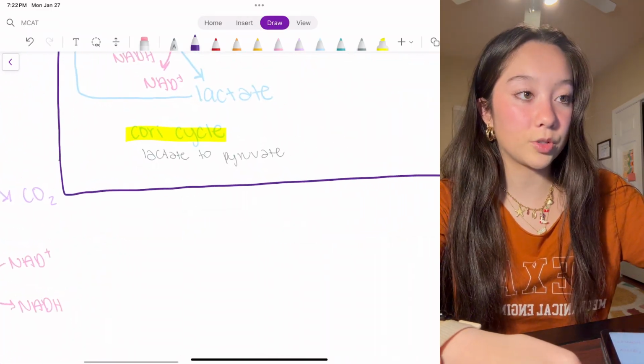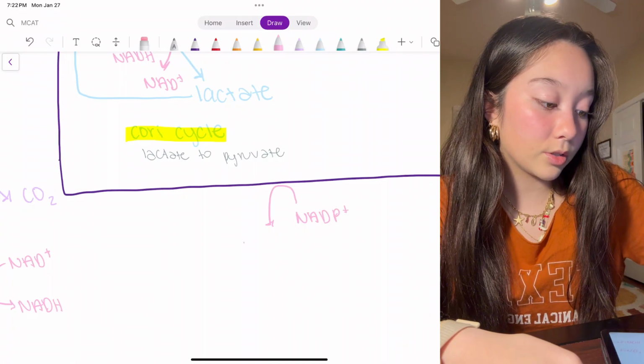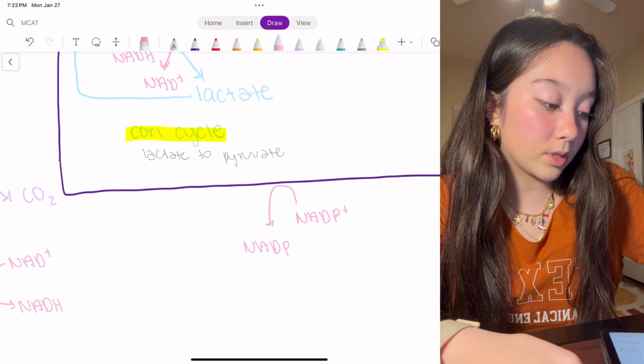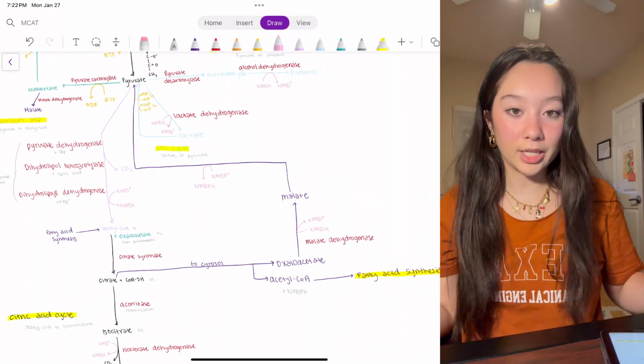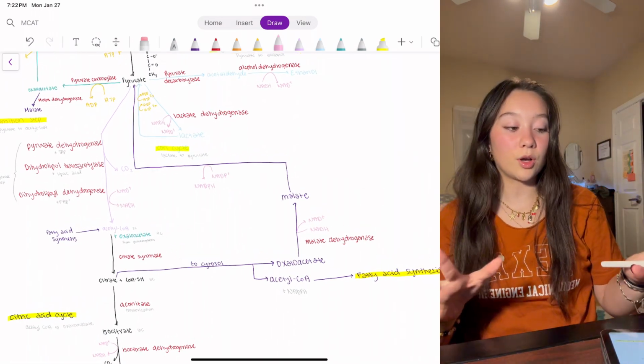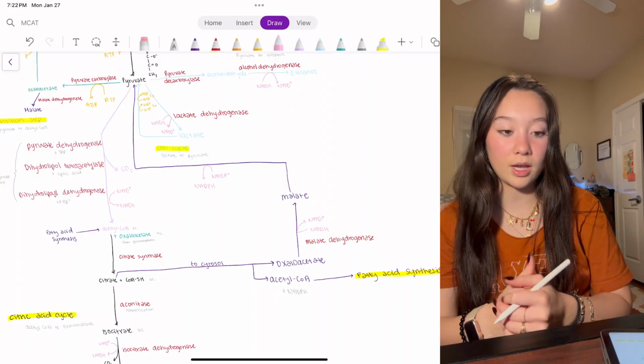And in this reaction, we are reducing an NADP to an NADPH. So this overall might seem a little discombobulated, but it's just important to know some of these key facts in how they all interact together with fatty acid synthesis.